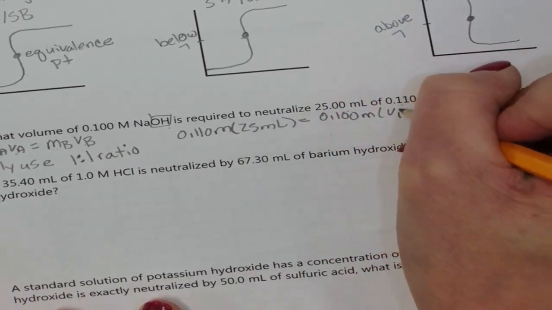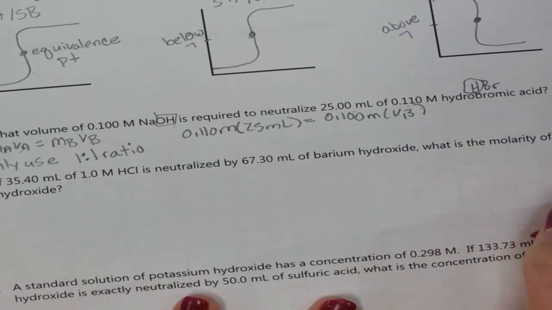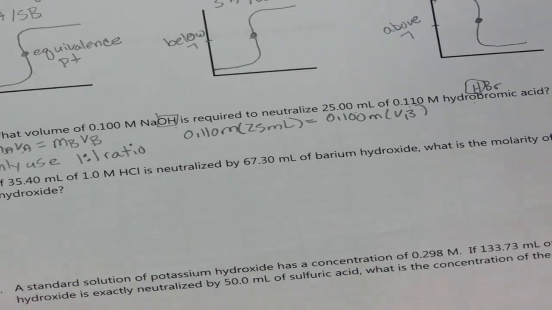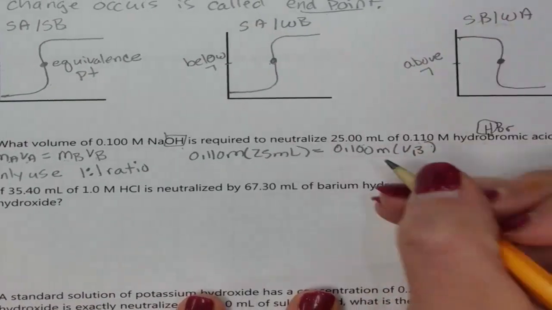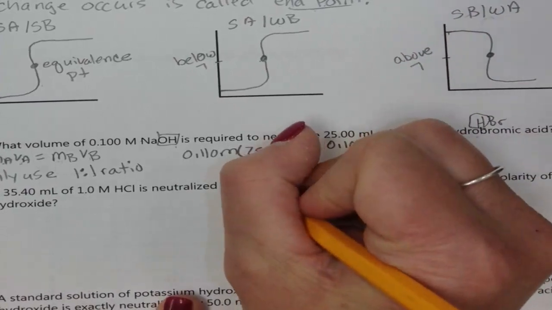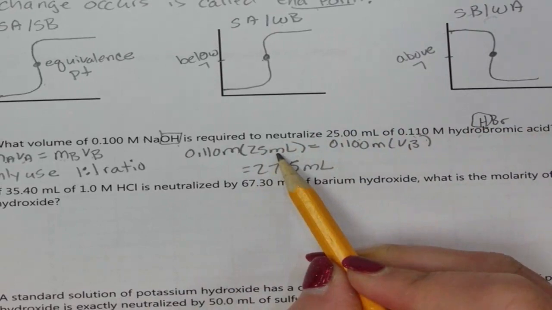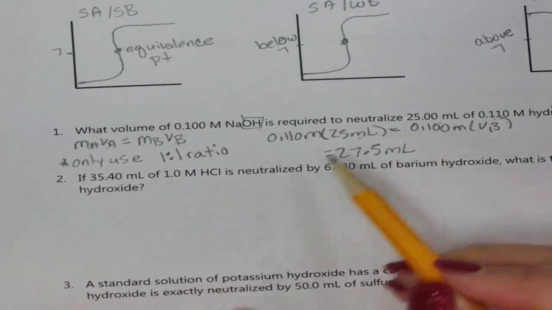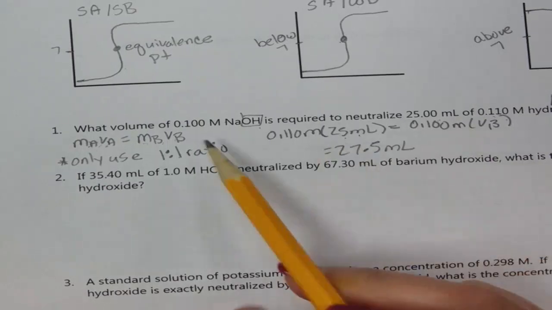And we are solving for the volume of the base needed. So when we solve for this problem and we plug this into our calculator, we get a value of 27.5 milliliters.